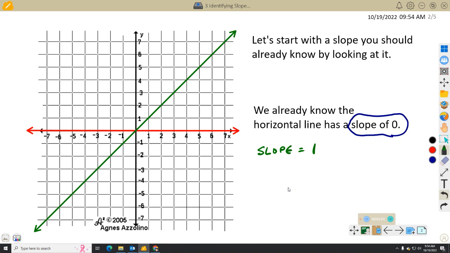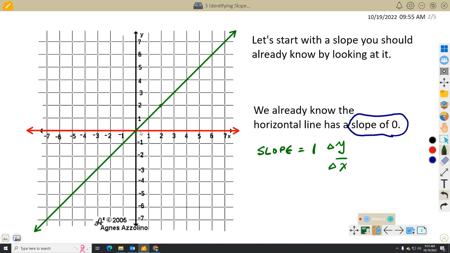And what do we mean by a slope of 1? Well, a slope of 1 means that my change in y is equal to my change in x, right? We use a triangle to represent change. Change in y equals change in x. So, for instance, if my x increases by 2, my y increases by 2.